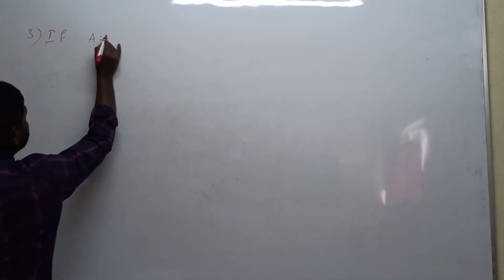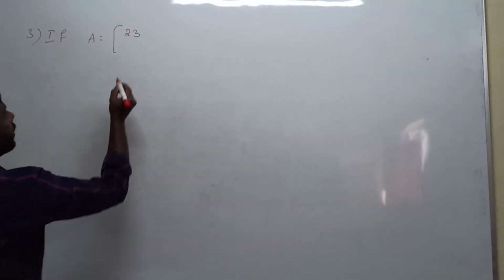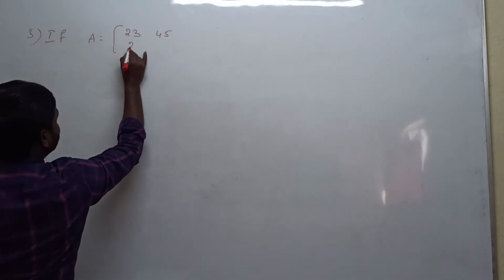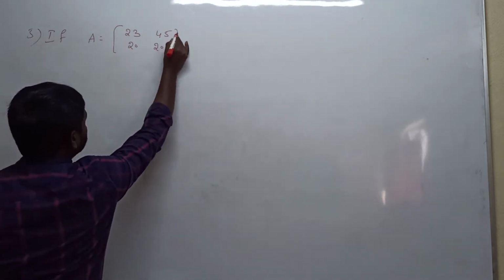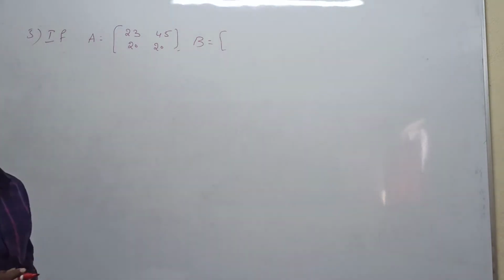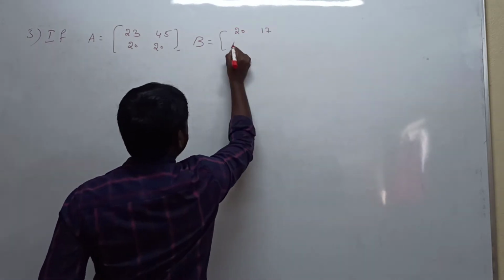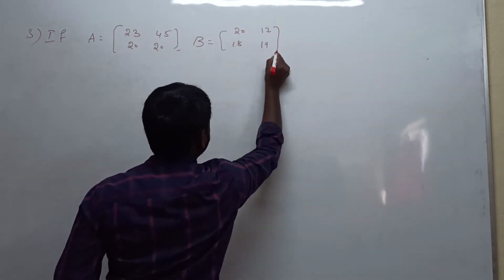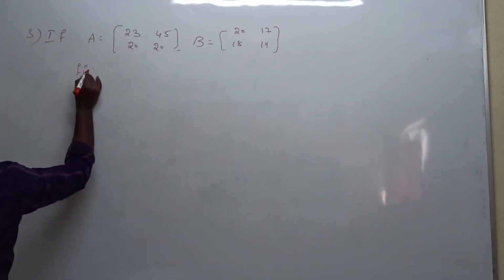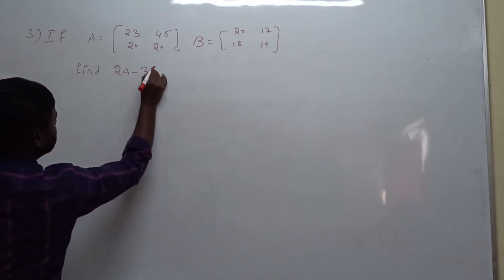If A is equal to [23, 45; 20, 20] and B is equal to [20, 17; 18, 19], find 2A minus 3B.